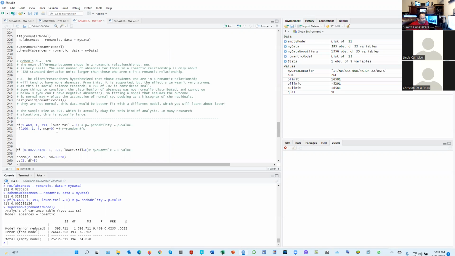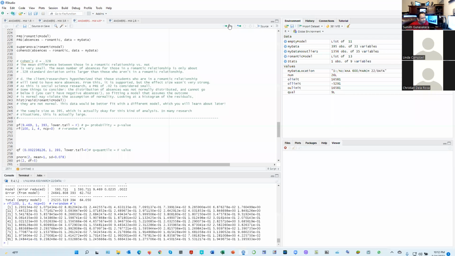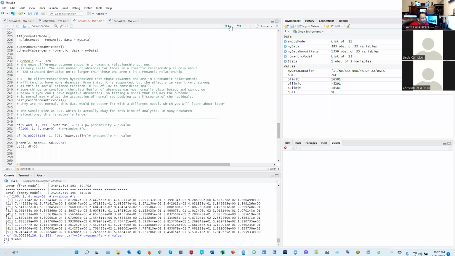I'm using a different kind of degrees of freedom, and the non-centrality parameter should be 0. These are the numbers extracted from that. On the other hand, if I put that 0.002 back in and find the cutoff value, I can get the cutoff value back by using qf, the quantile function. See, 9.469.